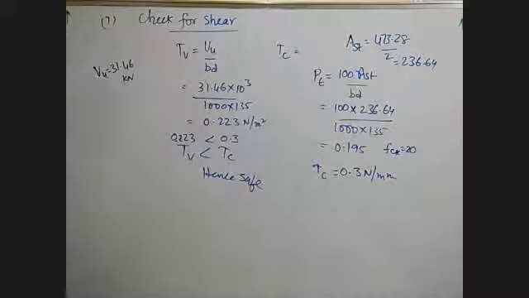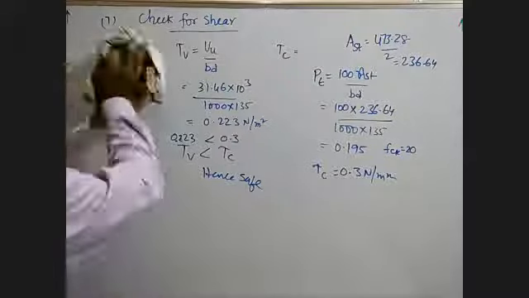The next step is the check for deflection. From the code book, using the PT and fck values, tau C we got 0.3. Now check for deflection.